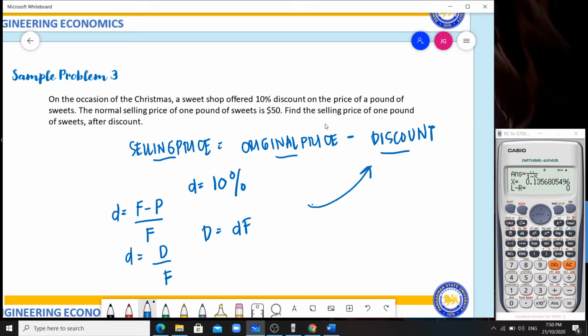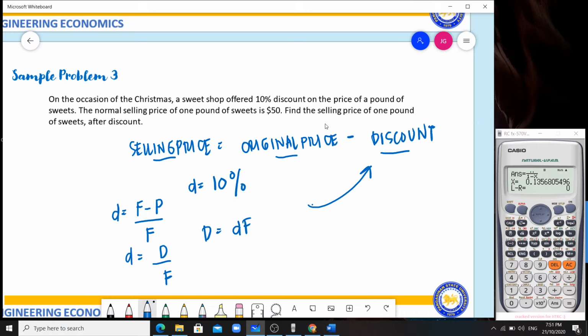So, if our future is $50, the discount is 0.10 of $50.